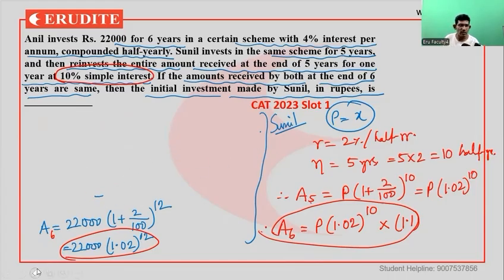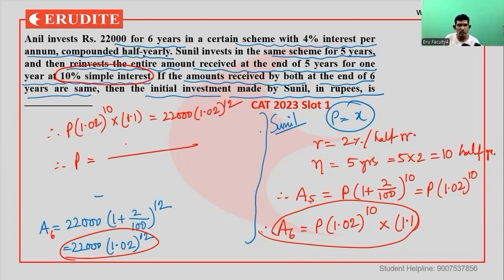So if I equalize it, so P into 1.02 whole to the power 10 into 1.1 equal to 22,000 into 1.02 whole to the power 12. So P equal to what? 22,000 into 1.02 whole to the power 12 divided by 1.02 whole to the power 10 into 1.1.